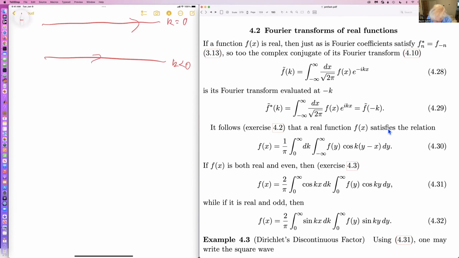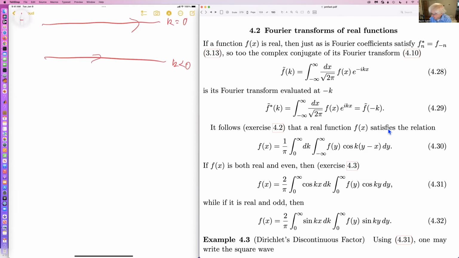Now that we know what a Fourier transform is, we can go to the special case of a real function. If f is real, we take the complex conjugate of f tilde, and what we get is minus i kx turns into plus i kx. On the other hand, letting k go to minus k, we then have e to the minus i kx, and so that's f tilde of minus k.